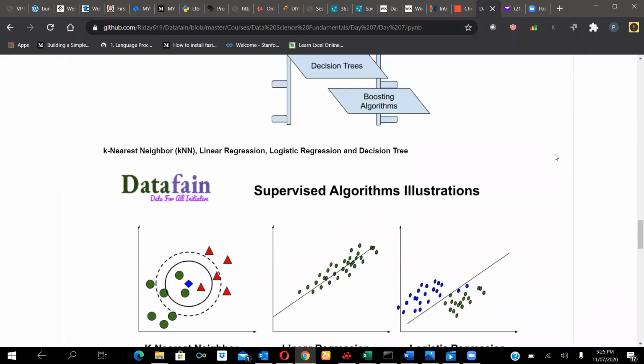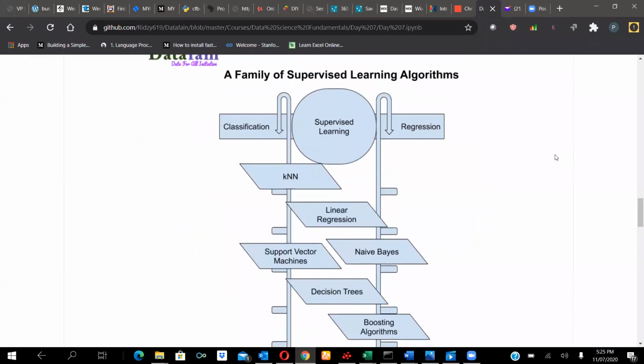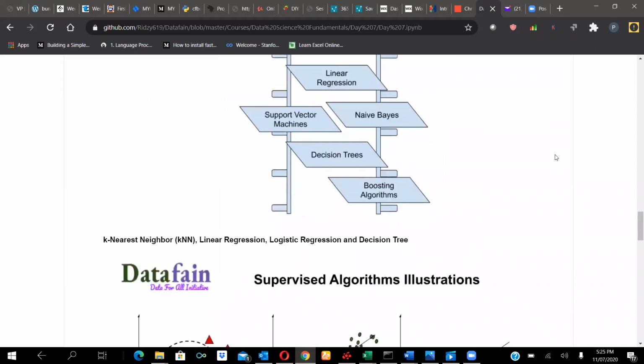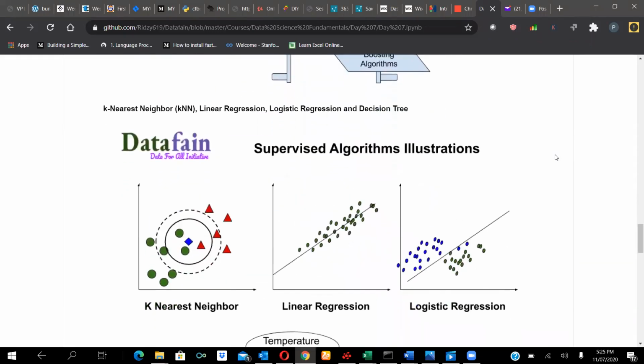That is another example of another family under supervised learning. Now you also have the guys like support vector machine, but today it's my duty to introduce us to all of these families and all of these algorithms.